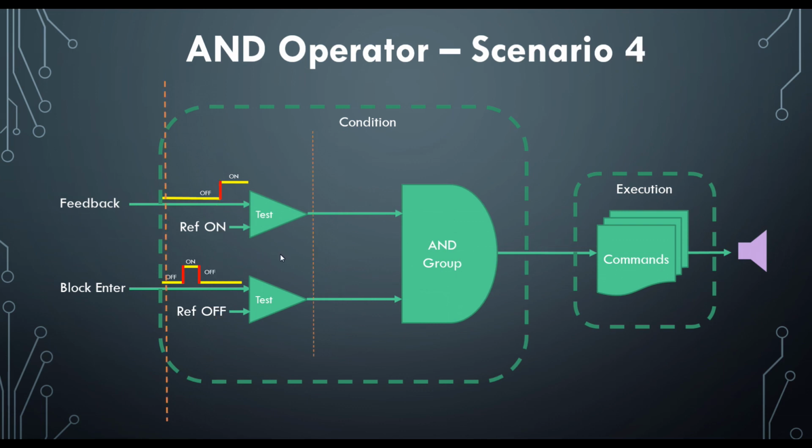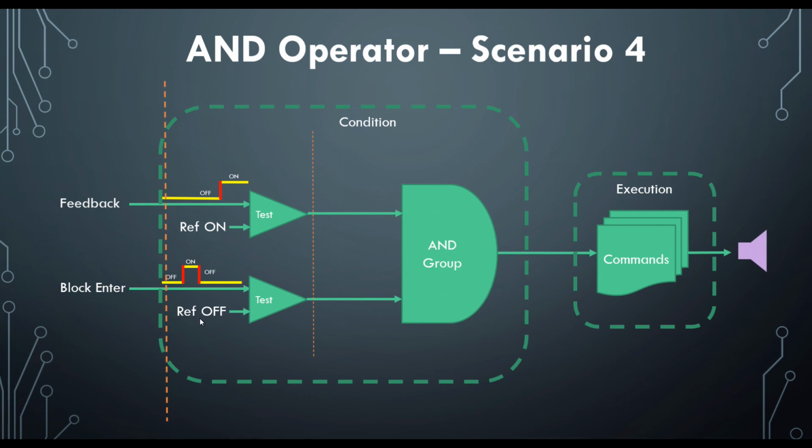Okay, scenario number 4. Now this is the scenario that has a fundamental error in it. Are you able to spot it now? I'm going to run through it first and then I'll tell you what the fundamental error is. So we take the same approach. We first have a look at what the reference states are. Now this has an on state, but this one has an off reference state.